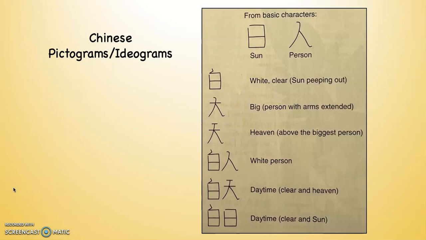I'm using the term ideograms right now because the textbook uses that term, but these are interchangeable terms really. And what they are is drawings of things that are representing ideas and thoughts, nouns, verbs, actions, all kinds of things.